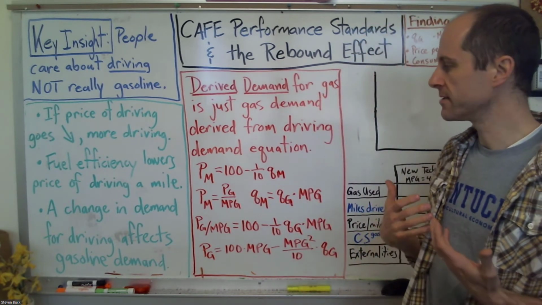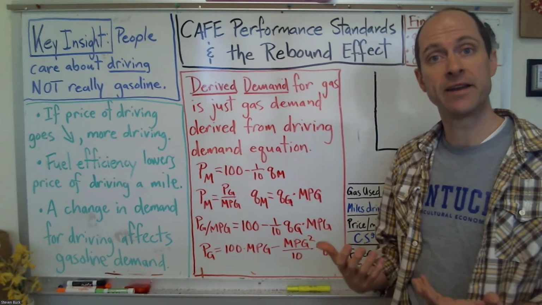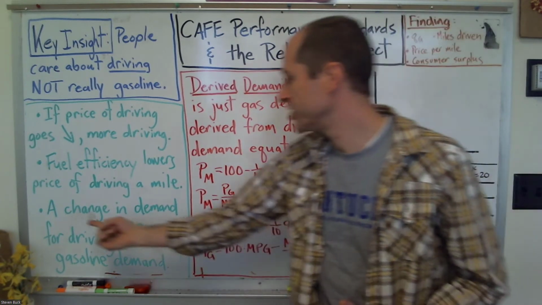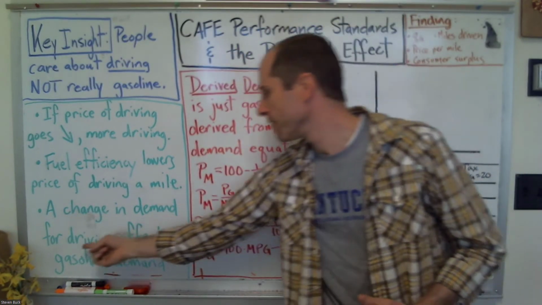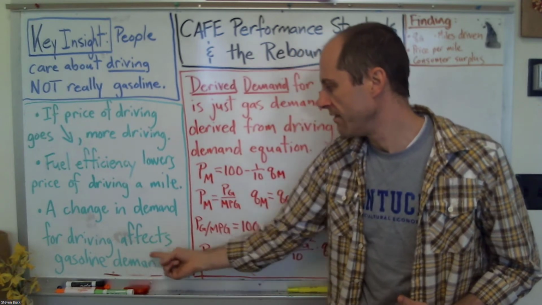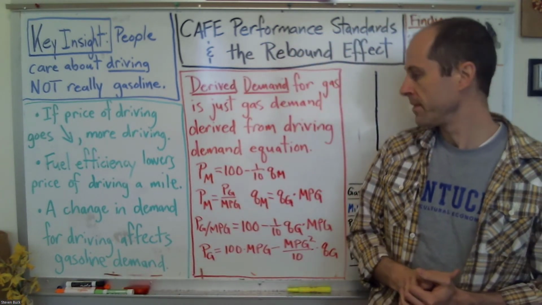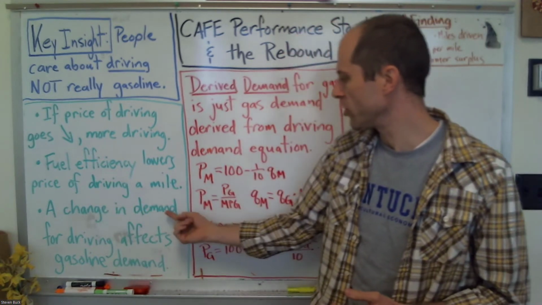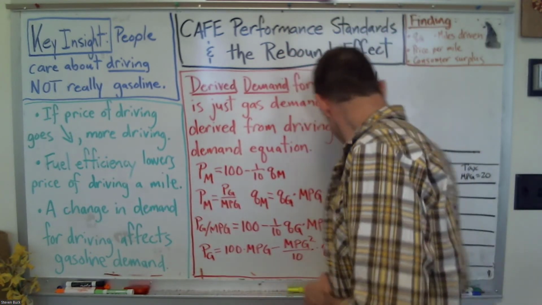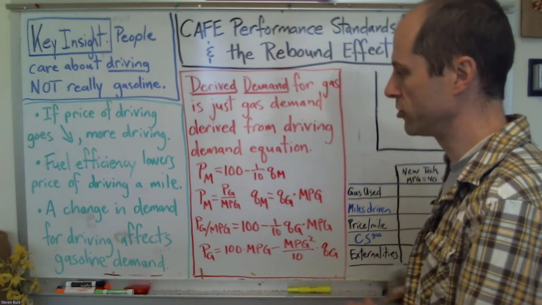As a consequence, that's going to affect the demand for gasoline. So a change in demand for driving affects gasoline demand. In particular, it's a change in quantity demanded. Let me address that for driving.